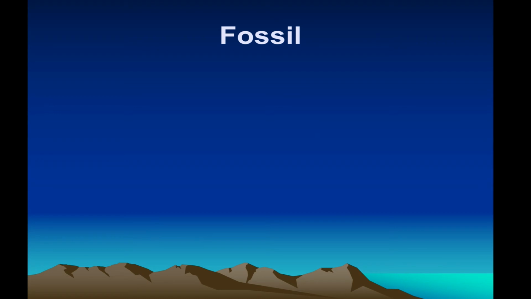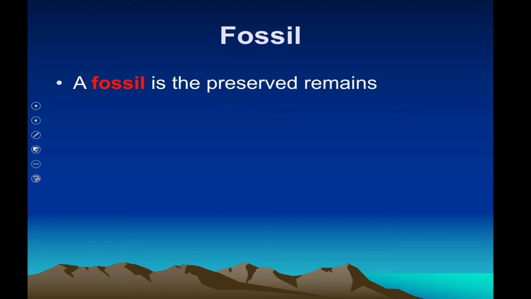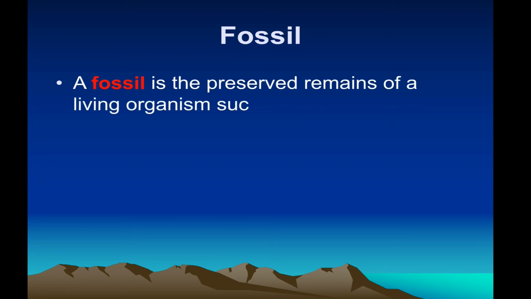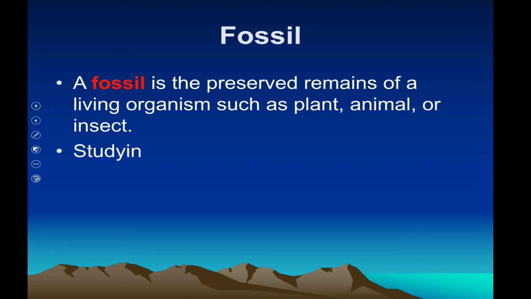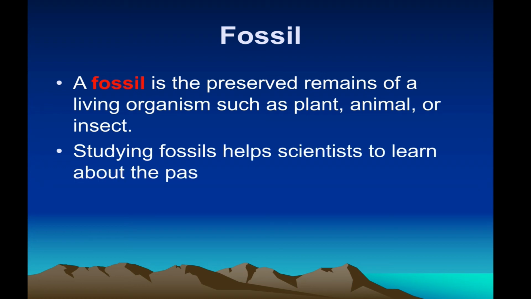As we said, the extinct organisms disappear, but how do we know about them? A fossil is the preserved remains of living organisms, plant or animal or insect. Studying fossils helps scientists to learn about the past history of life on Earth, and how the first living things created on Earth are protists.